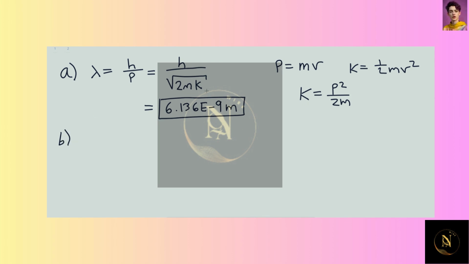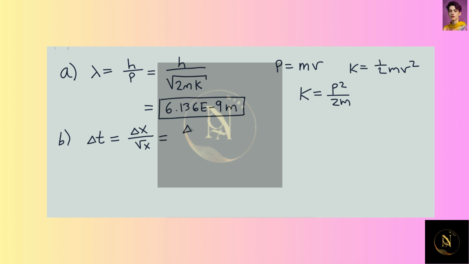Now that we know lambda, although I don't think we actually will need it, to find the time it takes, the time of flight to go from the first slit across to the screen, we can simply take a distance divided by a velocity. And we know the velocity because we know the kinetic energy.